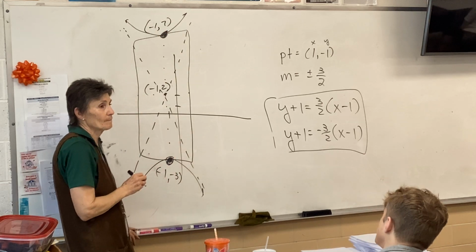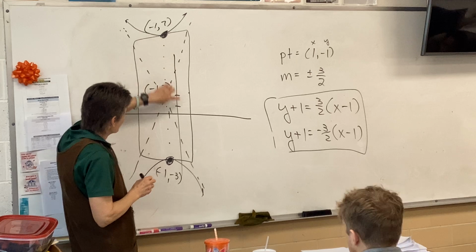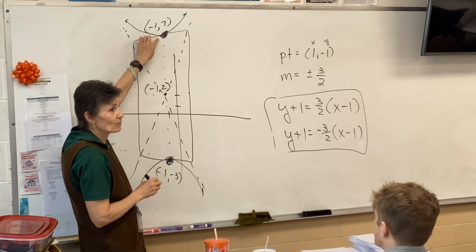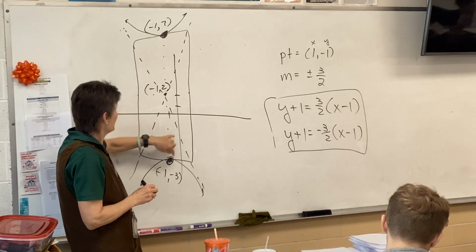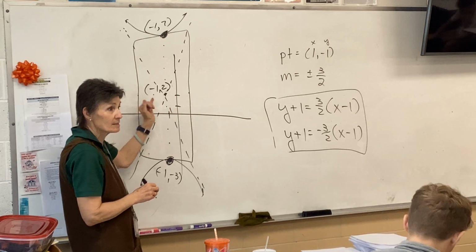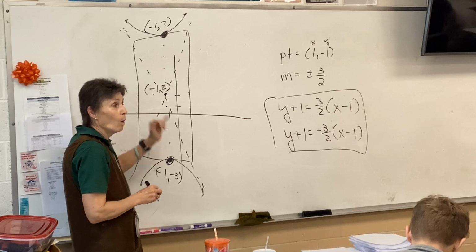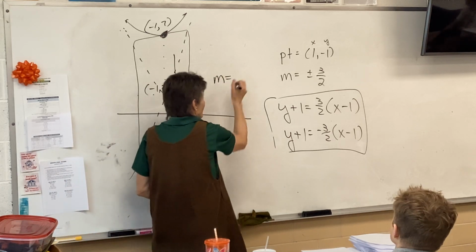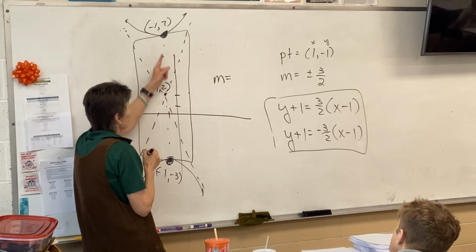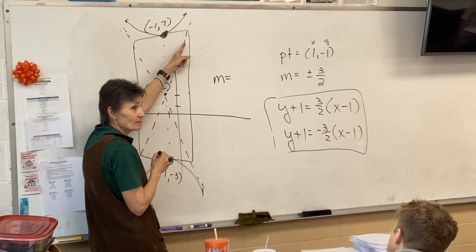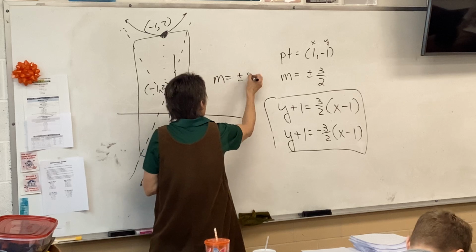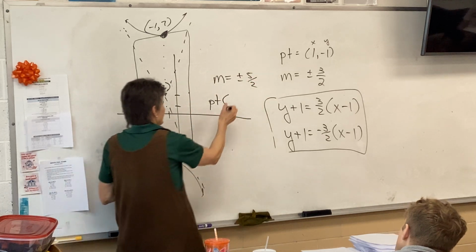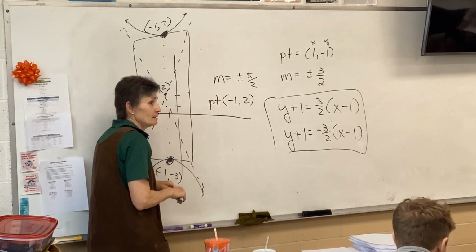Yep. This is your transverse axis. How long is it? Your transverse is 10, and your conjugate is 4. What is the slope of your asymptotes? The slope of your asymptotes is 5 halves, plus or minus. And the point you're going to use when you write your equation is negative 1, 2.